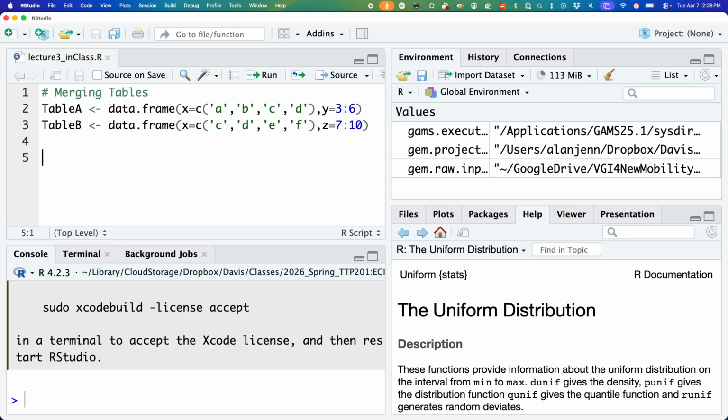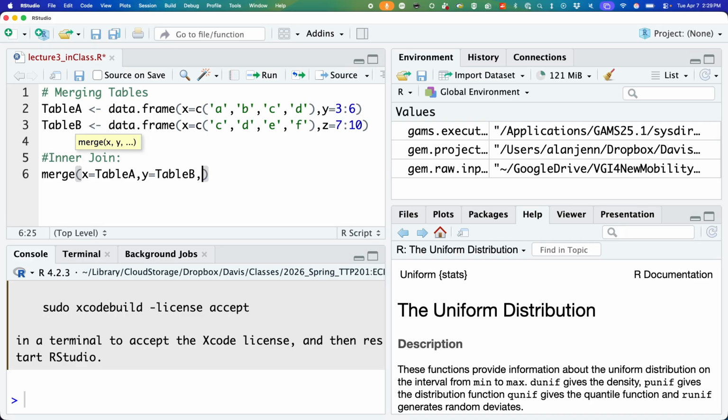Okay. So here I'll show how to do the inner join, where we say merge X equals table A, Y equals table B. So maybe I should have chosen different letters. The X's and Y's here are not to be confused with the X and Y columns.